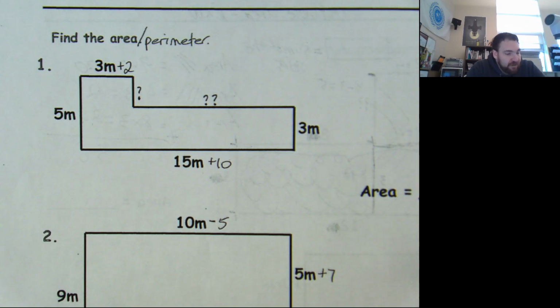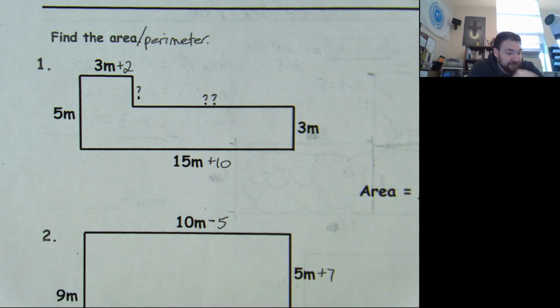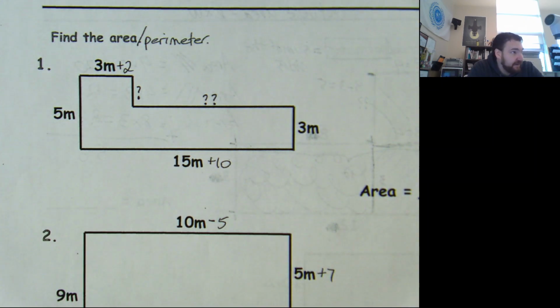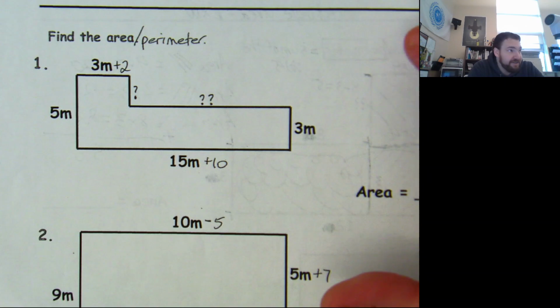Even though we've got letters in here now and polynomial expressions in here now, the procedure doesn't change. We're still going to break this shape up into a couple different rectangles. We're still going to have to subtract to find side lengths. And we're still going to have to multiply these things together to find areas.